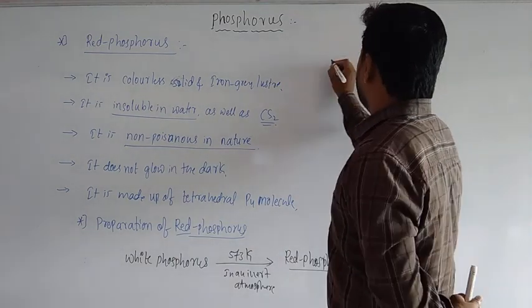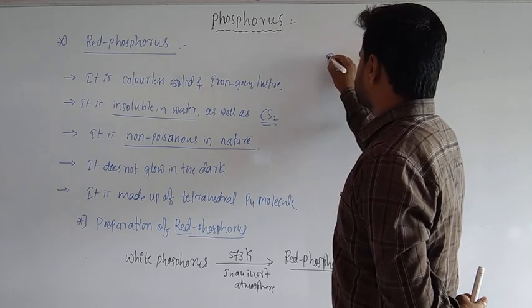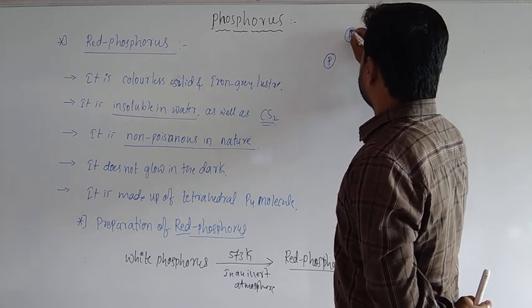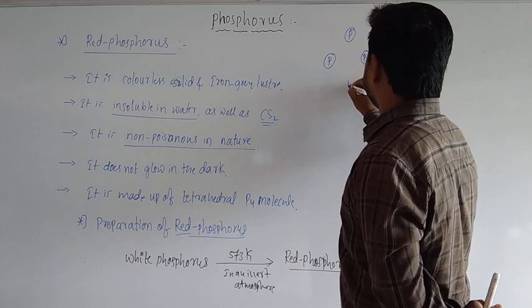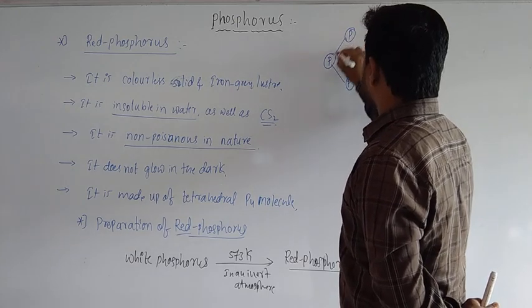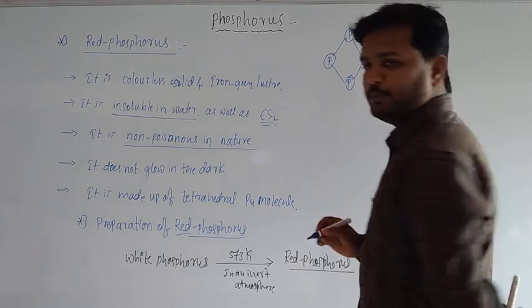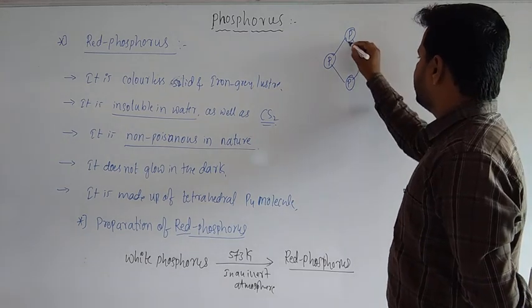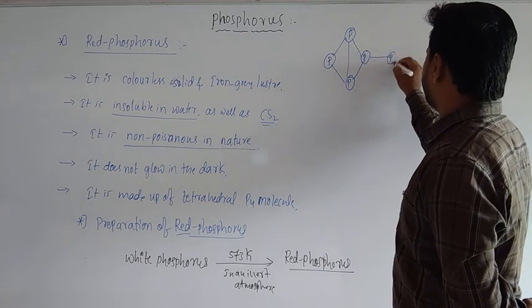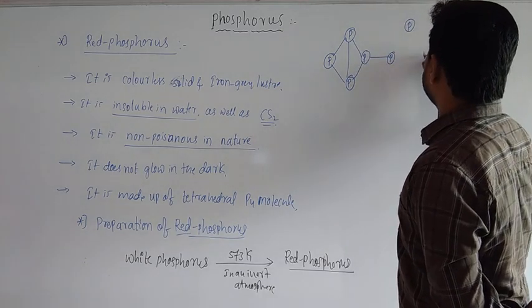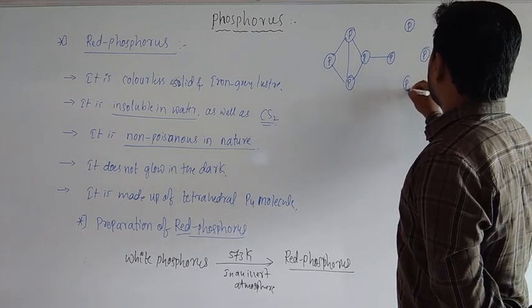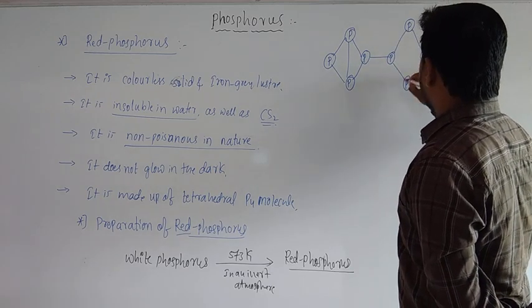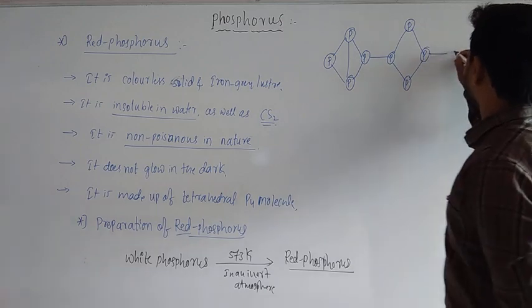This is the red phosphorus structure. Phosphorus, phosphorus, phosphorus. This is one P4 molecule. They join together to form red phosphorus, which means P4 molecules polymerize to form red phosphorus.